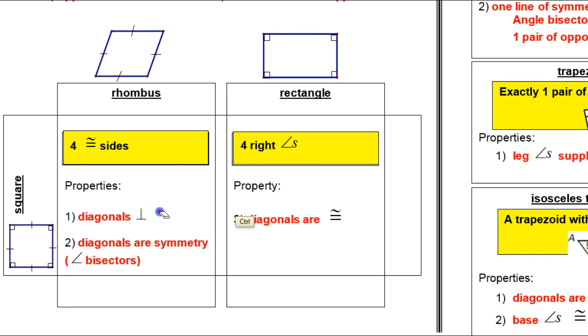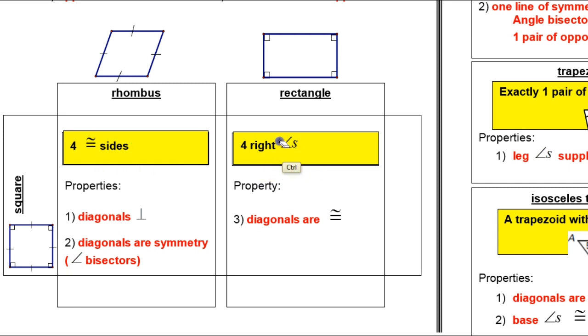Now, see how I have the word square off to the side, sort of stretching across all of these? That's because a square is a combination of a rhombus and a rectangle. So a square has all of the properties of a rhombus and a rectangle. That's why the definition of a square is a quadrilateral with 4 congruent sides and 4 right angles.